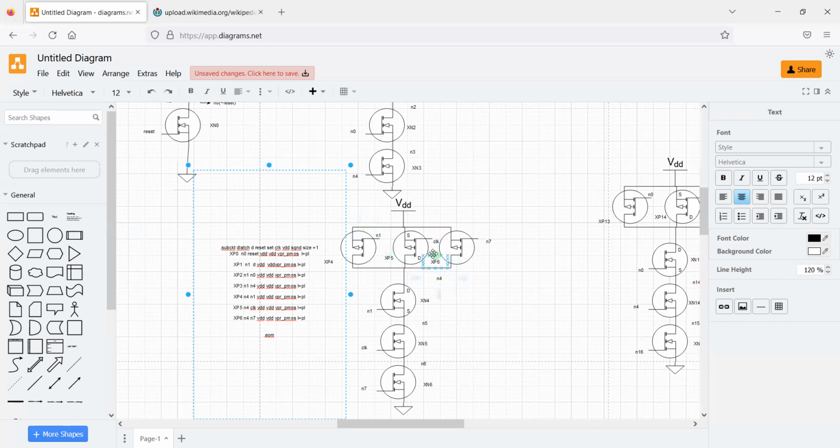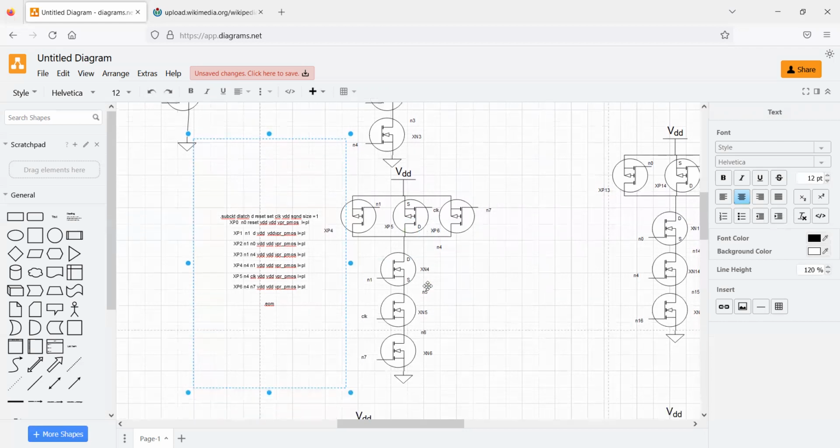Then I have N4, clock, S, N4, N7, VDD. And then, because they are PMOS, they are powered by VDD. So we write PMOS VDD, and then there is place and route for PMOS, and then the LPL.